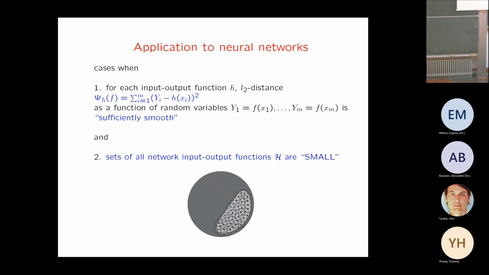Then the means may be different, but we can look at the minimum of these means and we get a lower bound. So this is basically an intuitive explanation of what I'm going to do now.